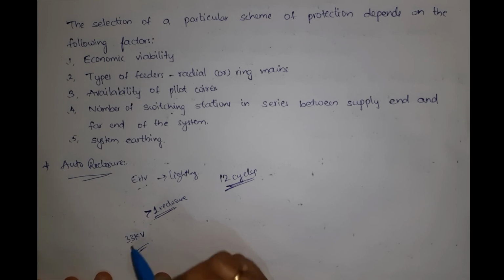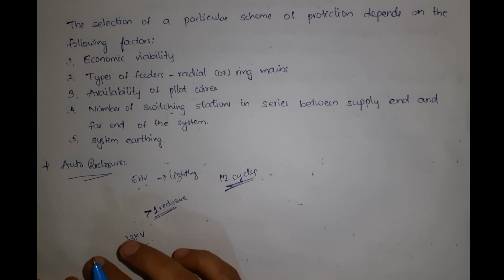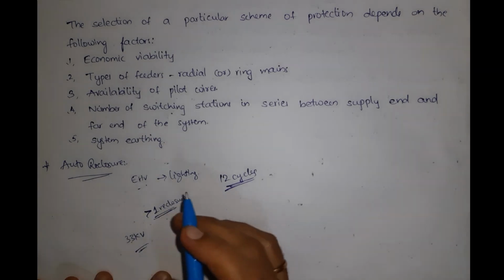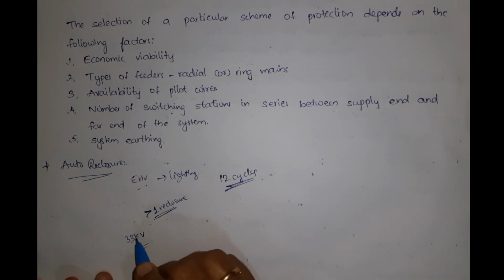The external objects may not clear the fault in one reclosure and may require additional reclosures. It is not a continuous or permanent fault, it is a temporary fault, but needs more reclosures, right?